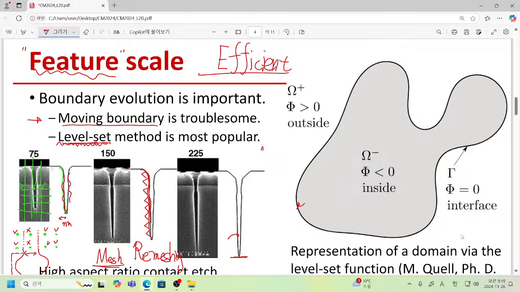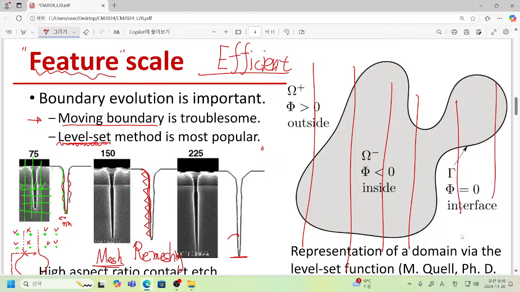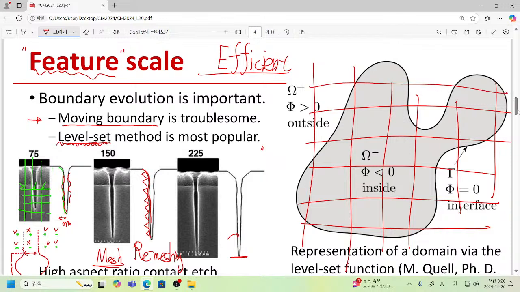So instead, we just introduce a regular mesh with usually uniform spacing, and on this regular mesh we introduce a certain level function. If this level function has the value, for example, corresponding to 0, then this point is detected or regarded as a boundary point.